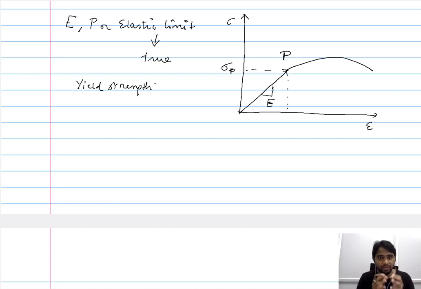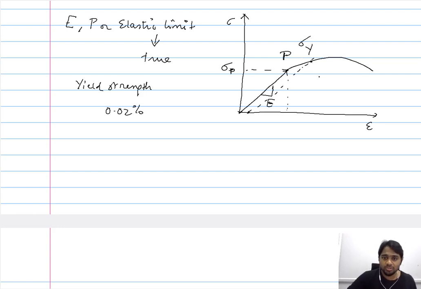In order to calculate this yield strength, we consider an offset strain which is usually 0.02%, and based on this offset strain we plot a straight line, and the point where this line constructed based on the offset strain intersects with the stress strain curve, we call that point the yield strength.